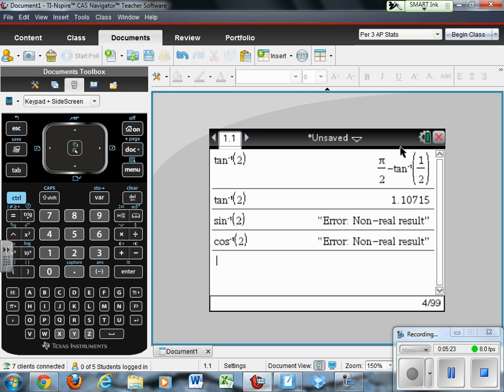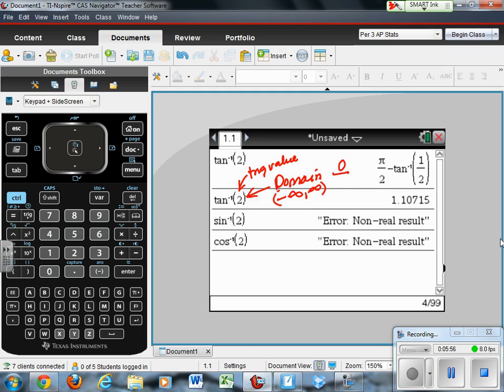When you do inverse sine of 2 and inverse cosine of 2, you get an error message: non-real result. So why do you get a number for inverse tangent and an error message for inverse sine and inverse cosine? The reason is that inverse tangent has a domain of all real numbers, because this is a trig value representing opposite over adjacent.